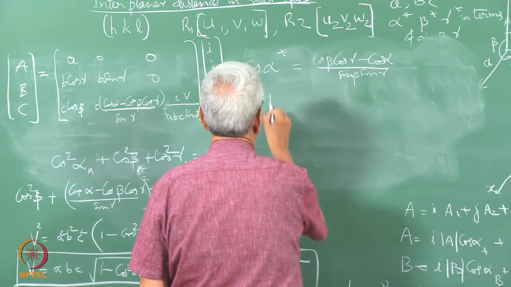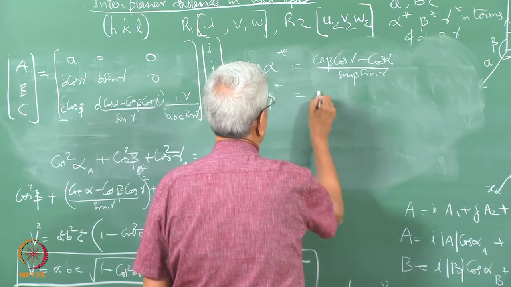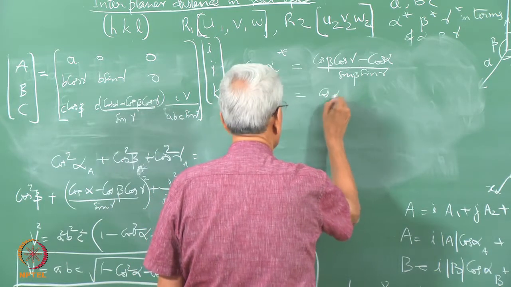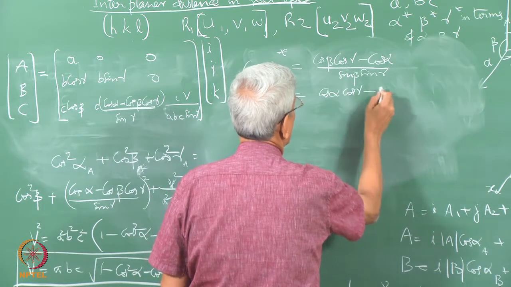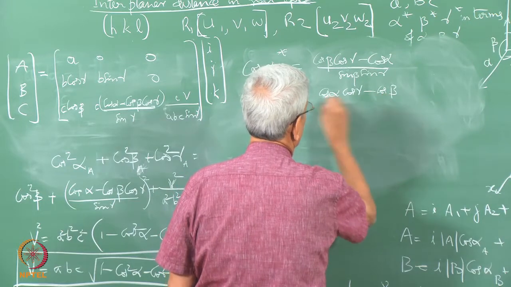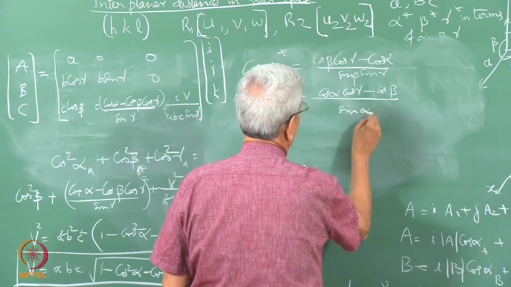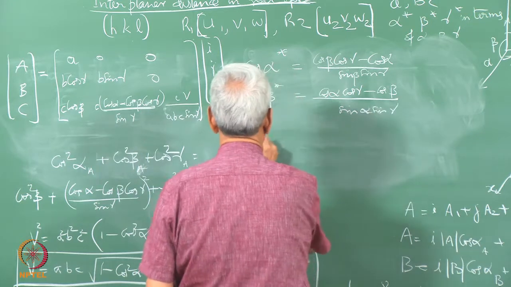Similarly, cos beta star equals cos alpha cos gamma minus cos beta by sin alpha sin gamma.